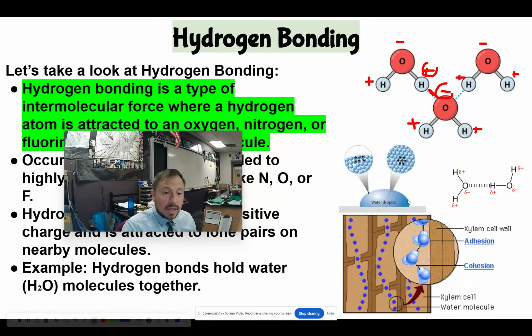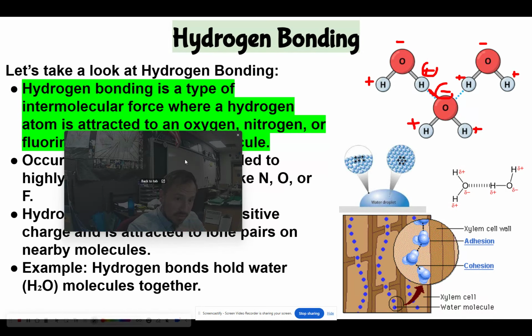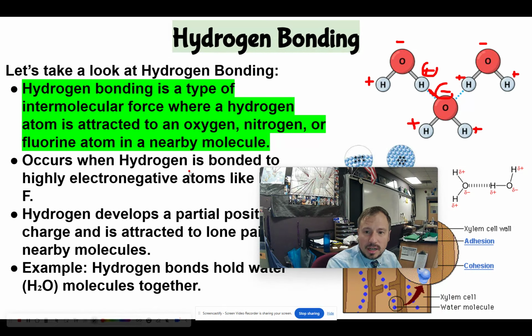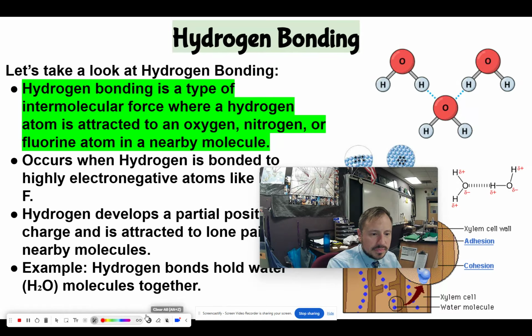It's also the reason why plants can get water up a large tree trunk, right? It's because of those slightly positive and negative poles of the water molecule. So that's hydrogen bonding. Special case, right? But yeah, it's just a type of bonding there.